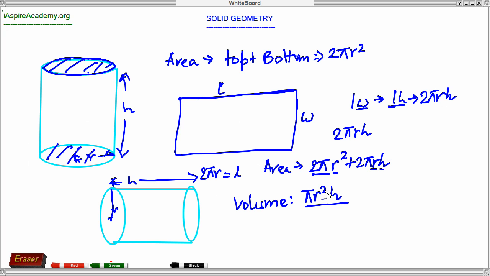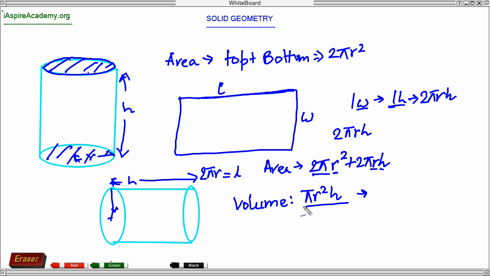In the volume, r has power 2 and h has power 1, so that is three-dimensional. Always keep this in mind, because at the end you will have so many formulas that it might be confusing which one is which. So remember, volume always involves 3 dimensions and areas always involve 2 dimensions.